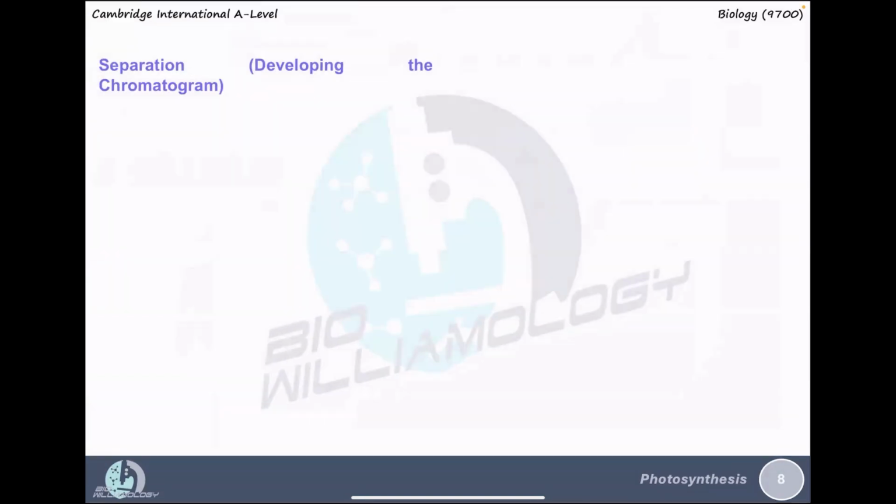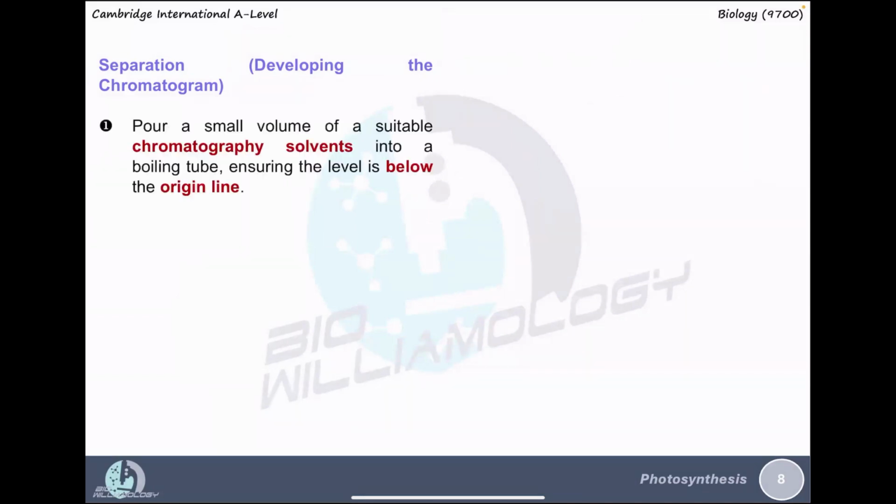Next, we have to separate and develop the chromatogram. We pour a small volume of suitable chromatography solvent. In the lab, normally we use cyclohexane with ethyl ethanoate, a mixture of these two solvents, into a boiling tube.